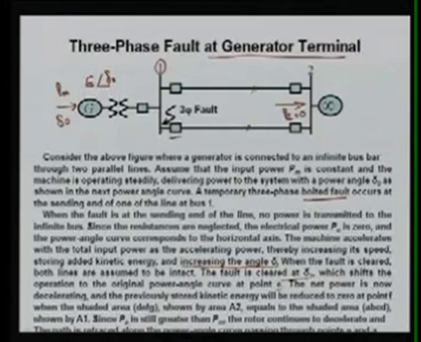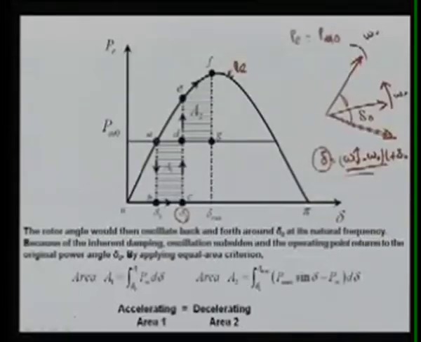The net power is now decelerating, and the previously stored kinetic energy will be reduced to 0 at point F, when the shaded area, shown by area 2, equals the area shaded in ABCD, shown by this. Now you can see this area A1, as I said, is your oscillating power.